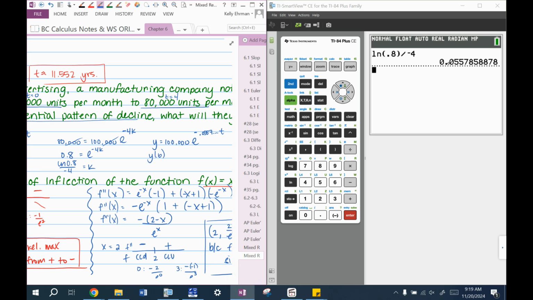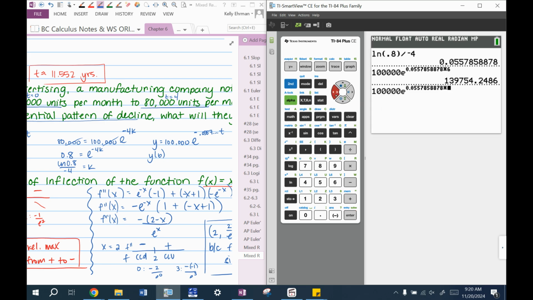And then I want to plug in 6 into that. So I'm going to just recall this number here. So when I type this in, it's 100,000 times e to the that times 6. Oops, I forgot my negative sign, didn't I? Negative. There we go.